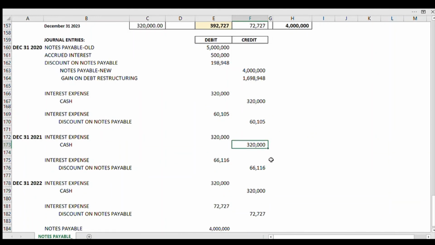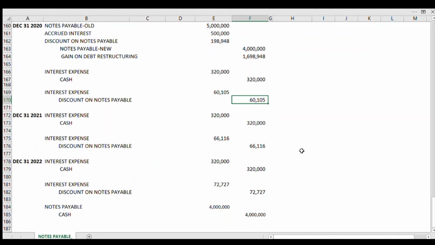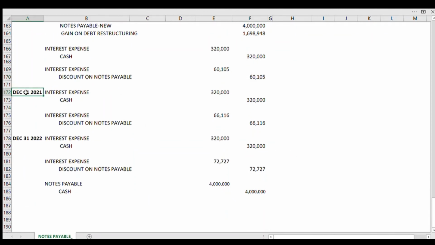Credit, that is discount on notes payable. On December, okay, again, change natin yung petsa, that is 22 ito, and this one is December 23.